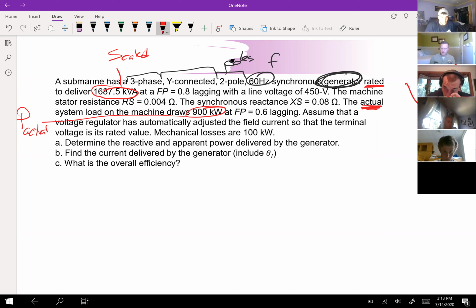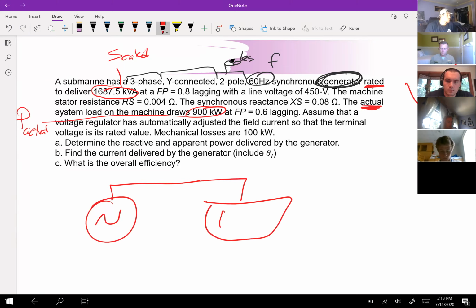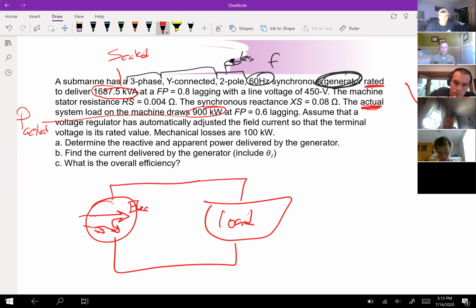If I think back to the beginning of the class, I have a system right here and here's my load. What this whole power flow diagram is saying is that inside of this little circle that we've been drawing, there's power coming out of it. Does that make sense? If this is electrical power coming out, that's what's happening inside of this little generator that we've been drawing. The whole time we've just been modeling it like this, and now we're seeing how this sinusoidal wave is actually being created.